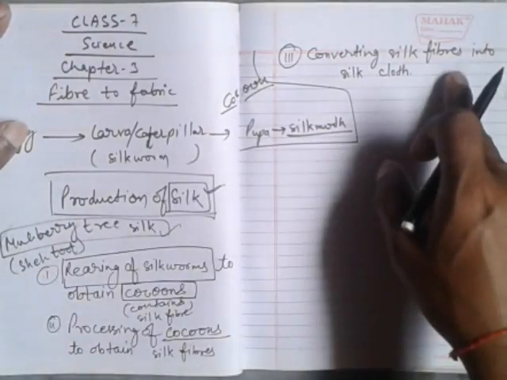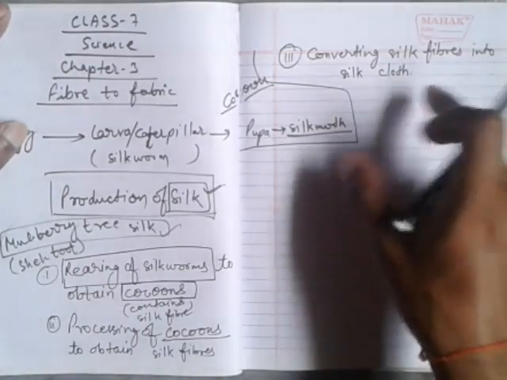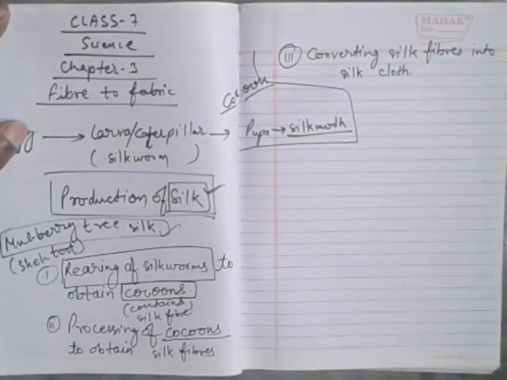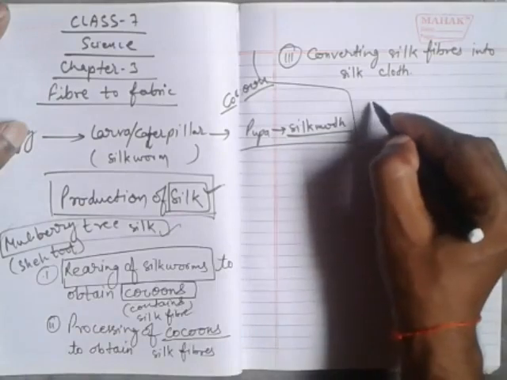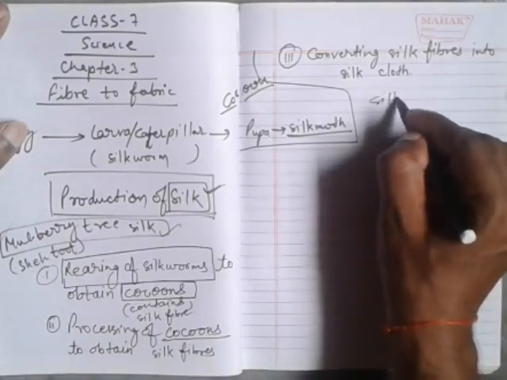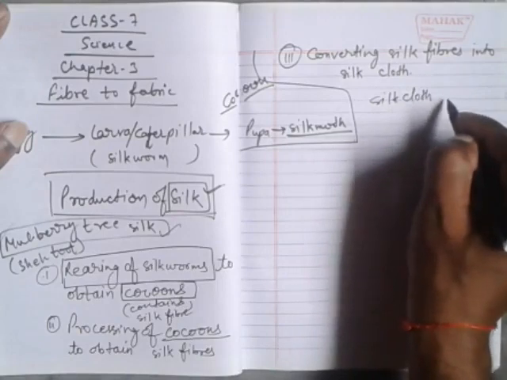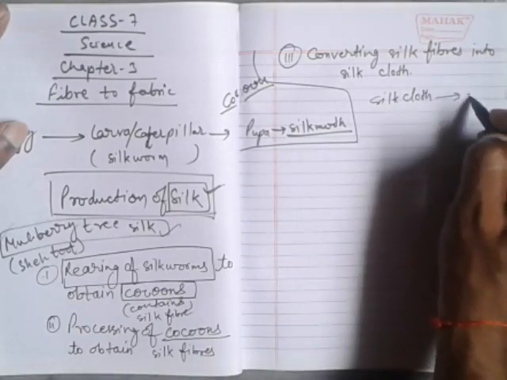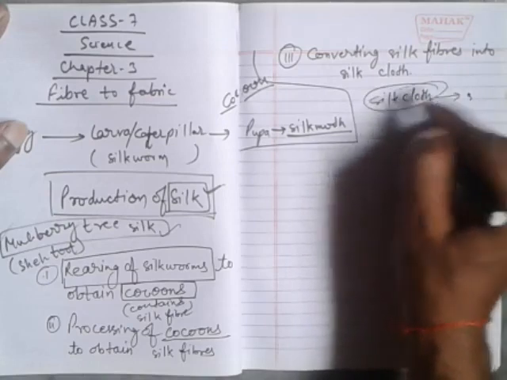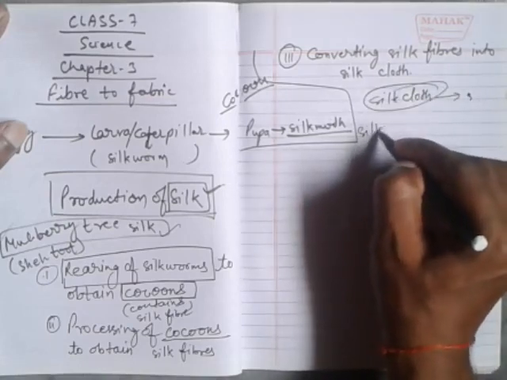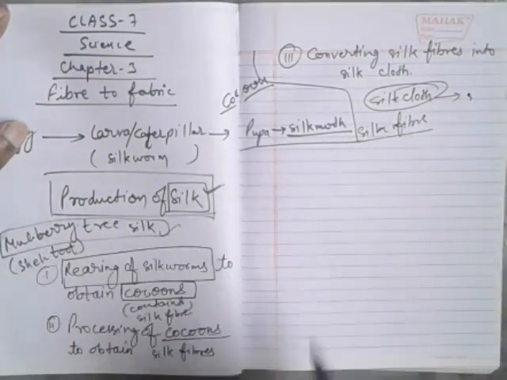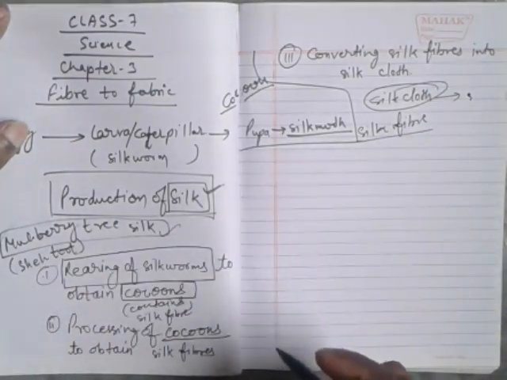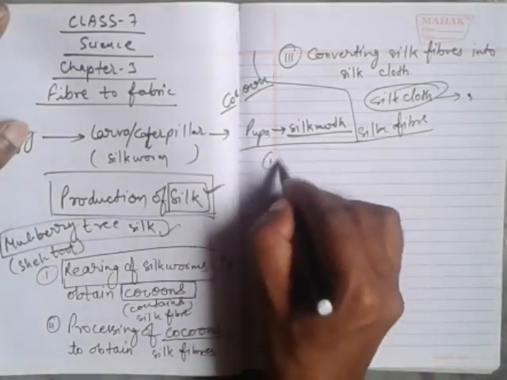Hence after performing these three steps we get silk cloth or fabric from its silk fiber. Let us discuss one by one step in detail.